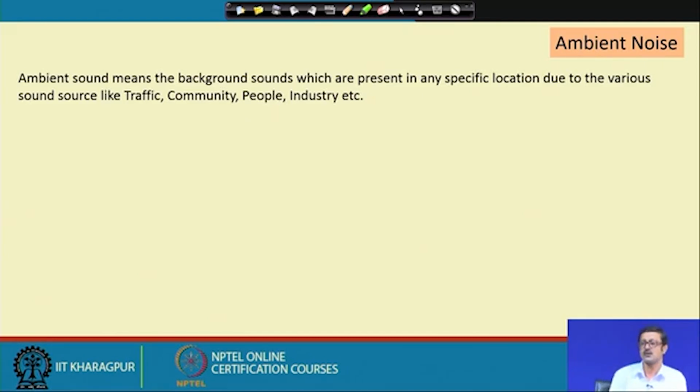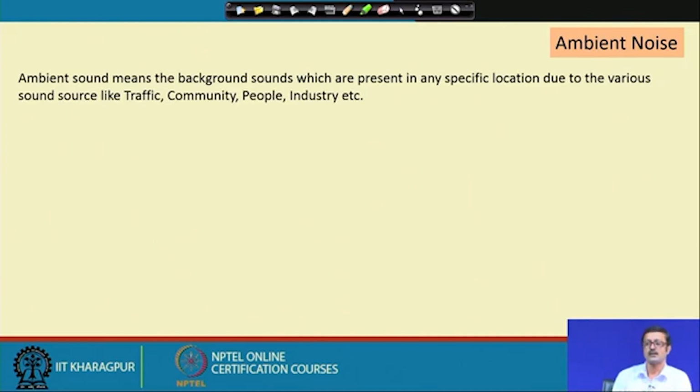The time is also very important, of course, and its presence in a specific area, a geographical area, or sometimes in and around a built environment, or a community, or an industry, or, if you take a shopping area, a bazaar or a market area. So, what is the ambient noise level of that area?